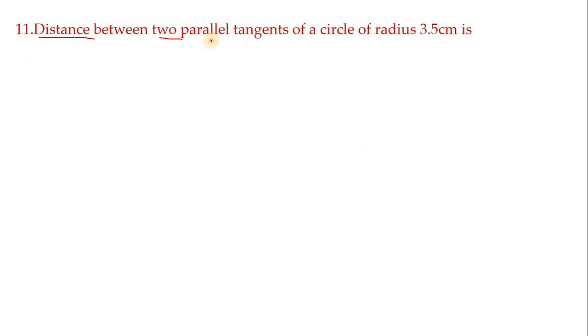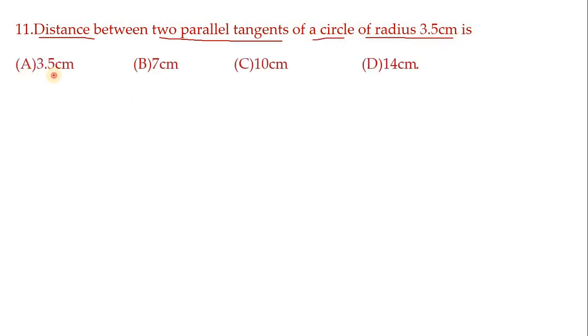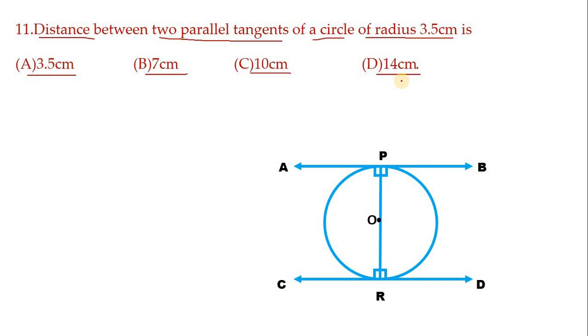Distance between two parallel tangents of a circle of radius 3.5 cm is: 3.5 cm, 7 cm, 10 cm, 14 cm. Again, let me take a figure to make you understand. See, for these kinds of problems they have not given figures, but to make you understand, I am taking the figures too.